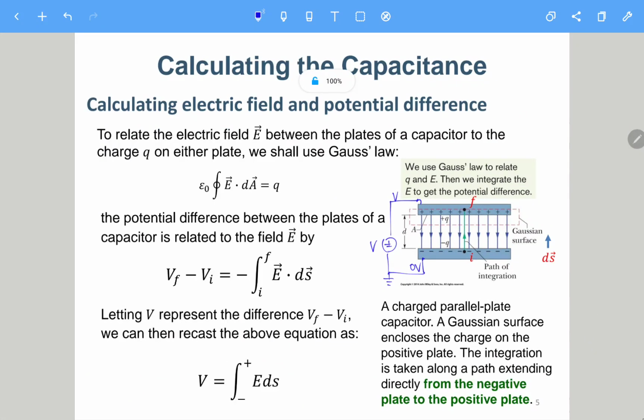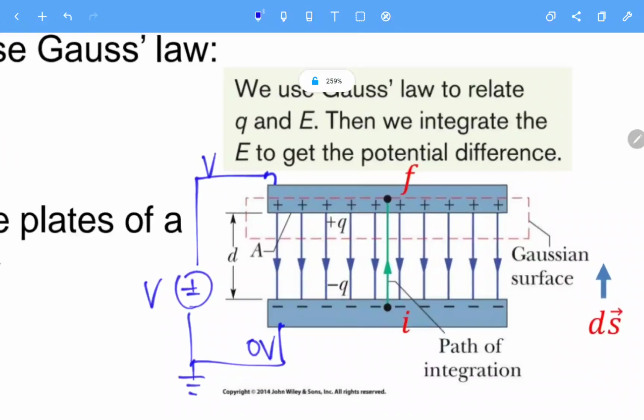Here we try to apply the Gauss law for this Gaussian surface. It looks like a rectangle, but it should be a 3D shape. Actually, this is just a cross section, so it only shows a rectangle here.